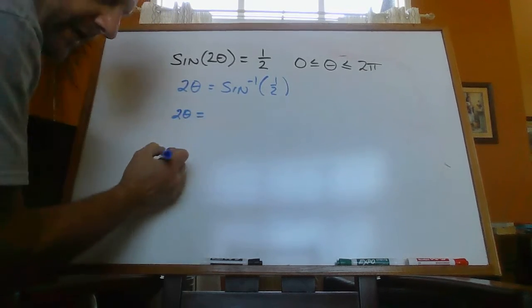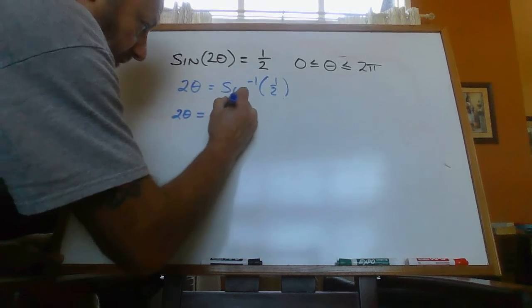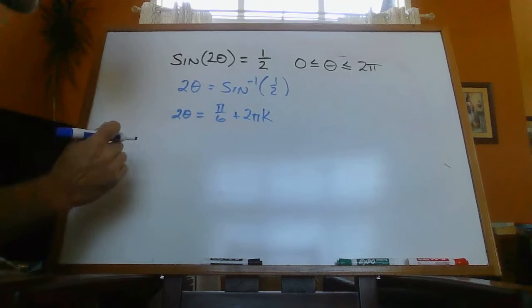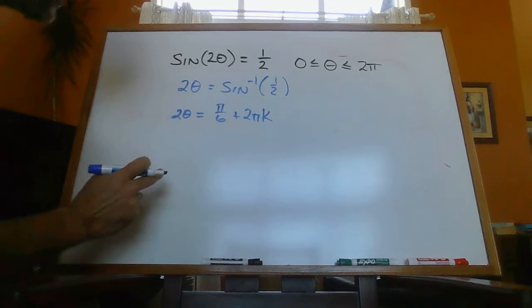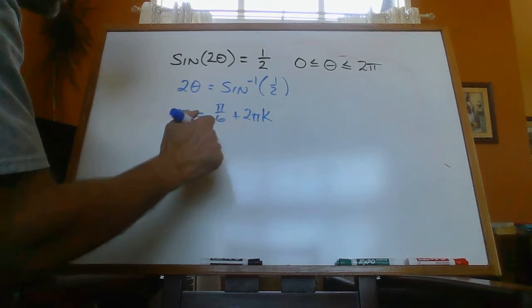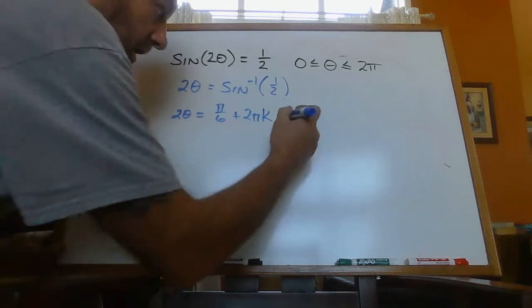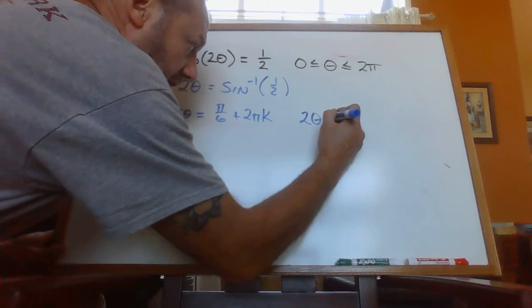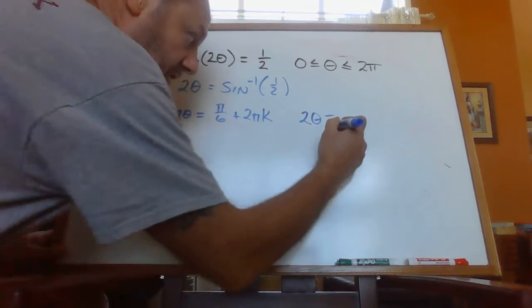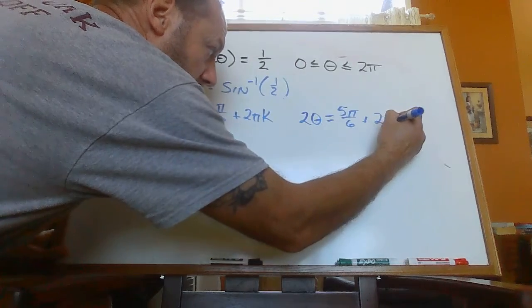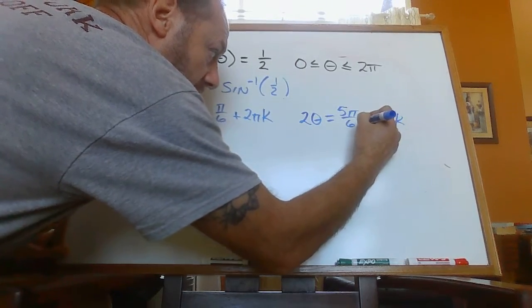We get 2 theta is going to be pi over 6, and notice I'm putting the plus 2 pi k on here. The reason I'm doing that is because we're changing the period with this 2 in here, so I want to make sure I have this in here. And then I also get the equation 2 theta is 5 pi over 6 plus 2 pi k.